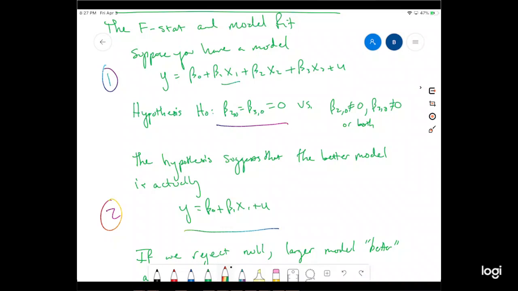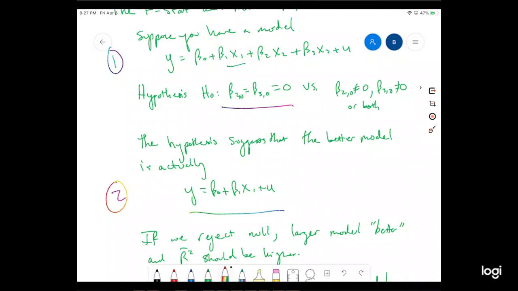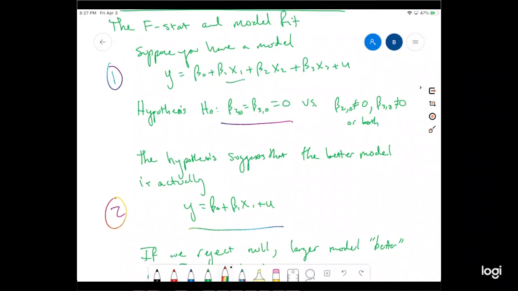We should probably check the t-stats on each of those coefficients as well, to make sure that neither of them is independently significant. But if we fail to reject this joint hypothesis, that's one piece of evidence that maybe model 2 is sufficient for our purposes. Why might we only want model 2? The more variables we add to the model, the less precise our estimates of beta 1 are going to become. And beta 1 is the coefficient of interest if x1 is the variable that we care about.